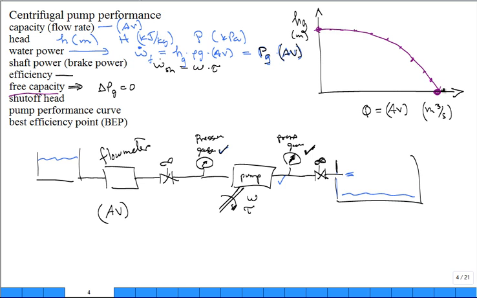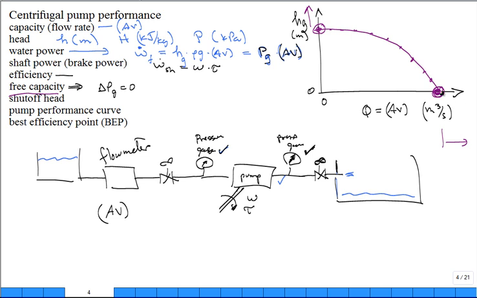From the shut off, this is the shut off head, right up here, to the free flow capacity. Okay. Can you get a flow beyond that? No. Can you get the head above that? No. You can't get a head above that. We start with the axis 0, 0.